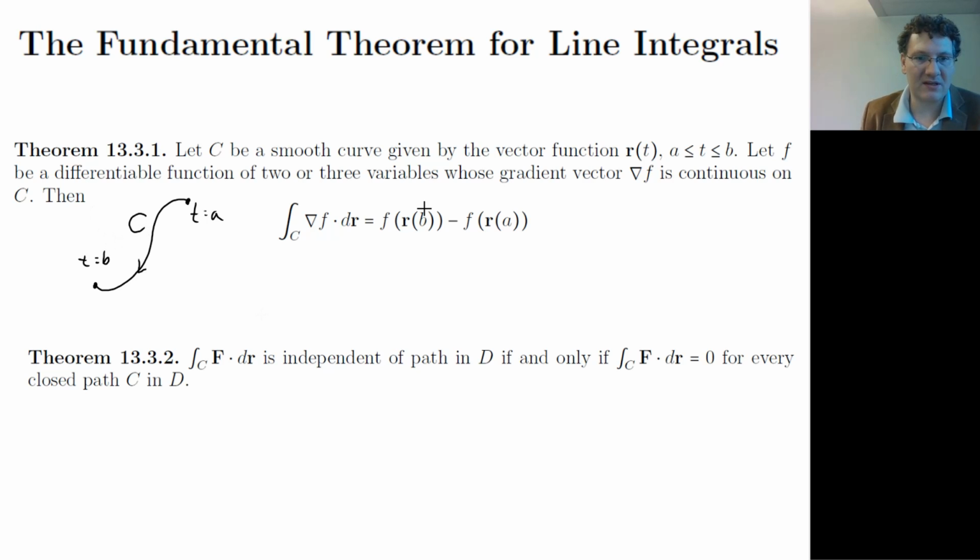This is our curve C. If f is a differentiable function of 2 or 3 variables, and it's got a gradient vector, gradient f, and that's continuous on C, then the integral of the gradient of f dot dr is equal to the function f evaluated at r of b minus the function f evaluated at r of a.